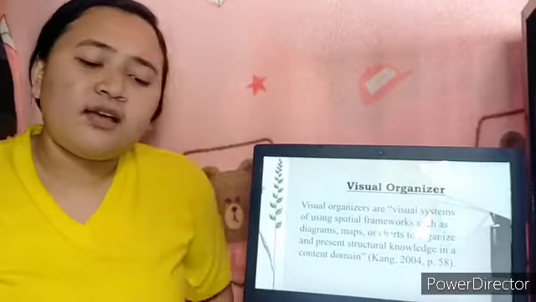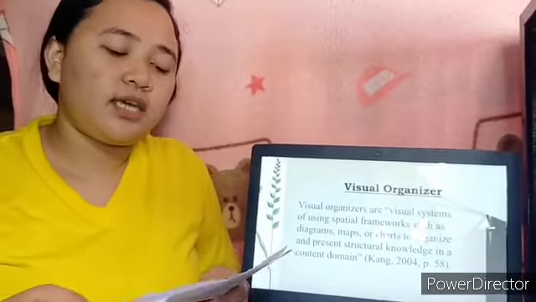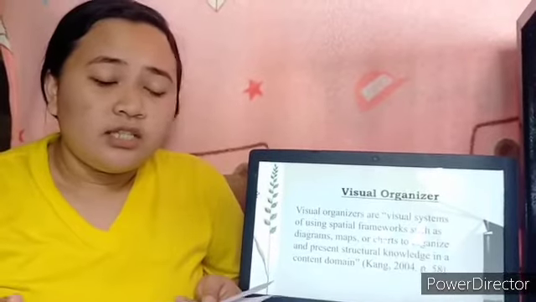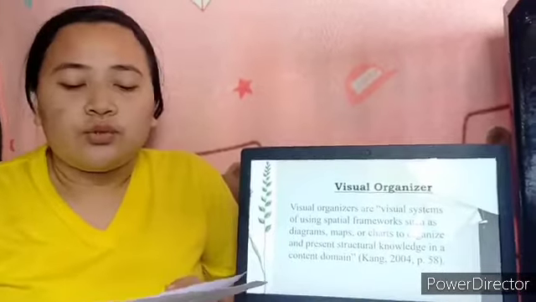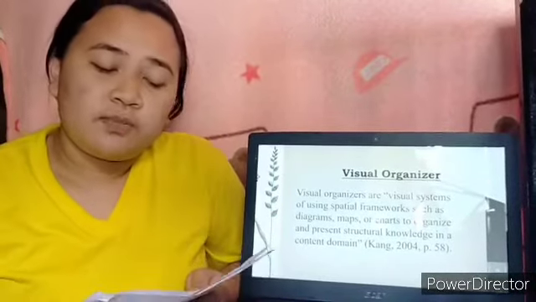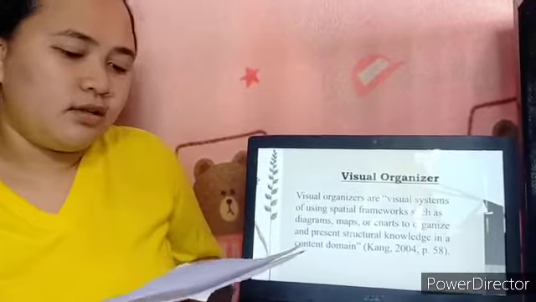So, as Kang 2004 put it, visual literacy is as important as language and textual literacy. It thus obliges teachers to explore the potential of visual and spatial instructional strategies to better facilitate learning.